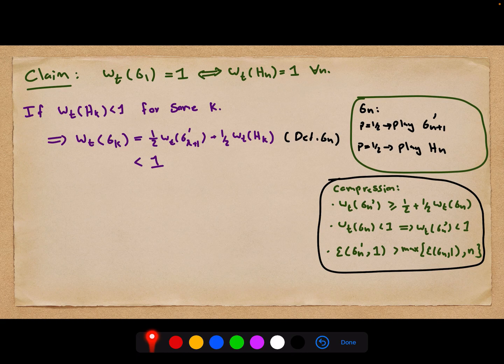Therefore, the value of the kth game of our new family is less than 1. But that immediately tells us that the value of the kth compressed game is less than 1 by the second guarantee of our compression theorem.